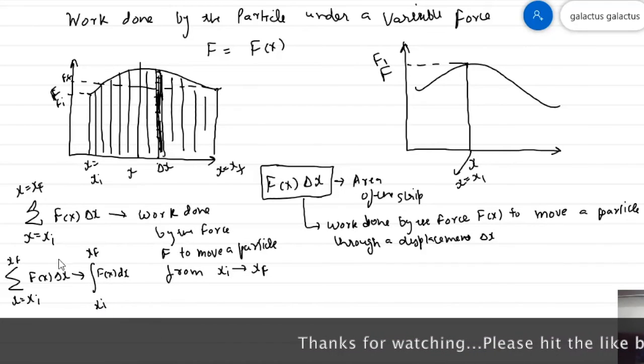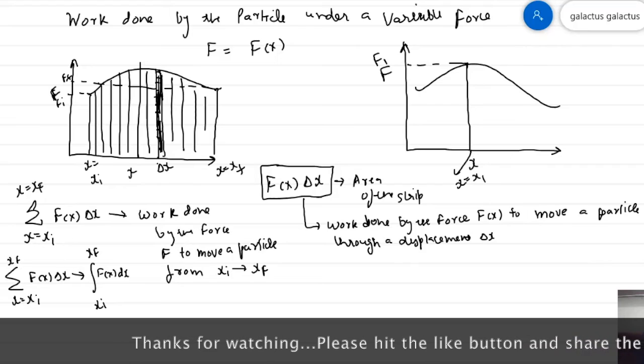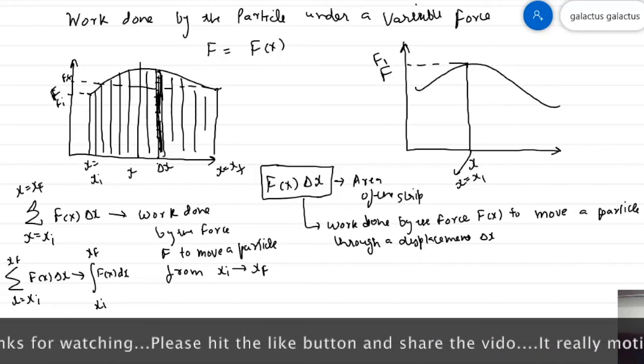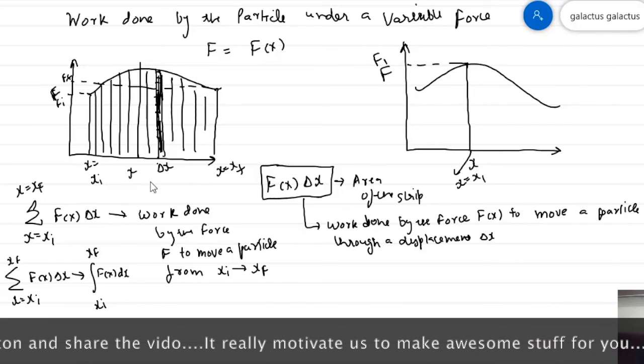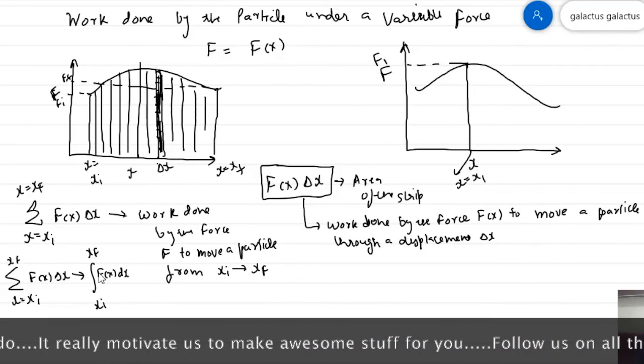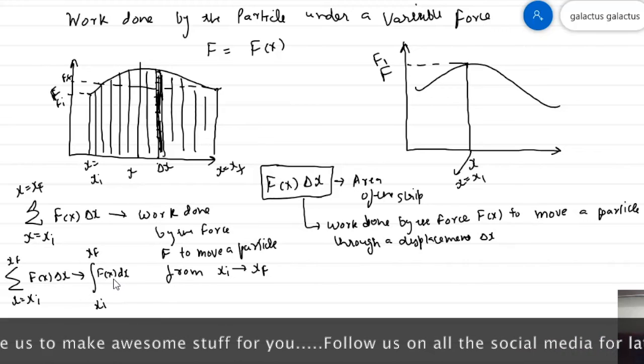So our summation will change to integration under the limit delta x tending to 0. That is, if the width of the strip is very small, tending to 0, then our summation will change to integration.